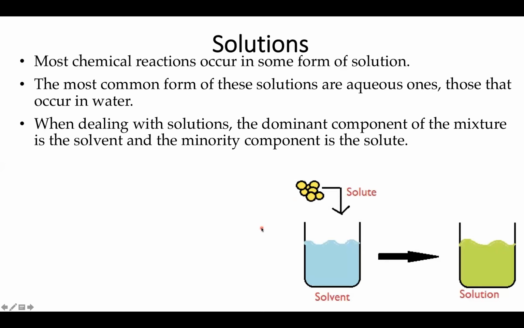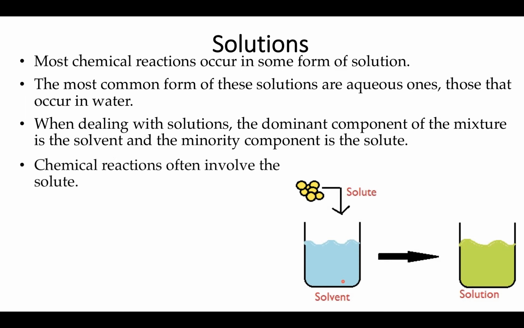And most of the time when we're looking at chemical reactions, the solvent is usually relatively a spectator. It just facilitates things moving around. The reaction occurring usually involves our solute. But here's going to be the problem, because we've already known that in order to determine how a chemical reaction occurs, we need to know how many moles of solute we have.